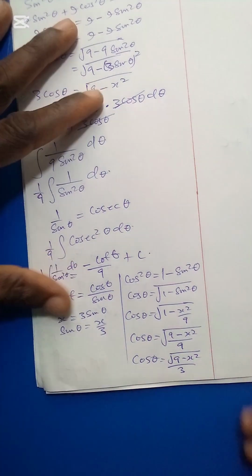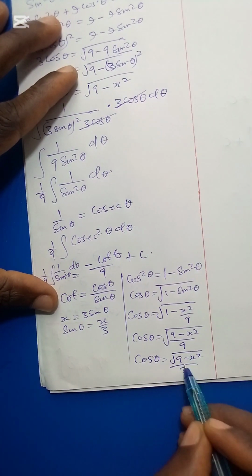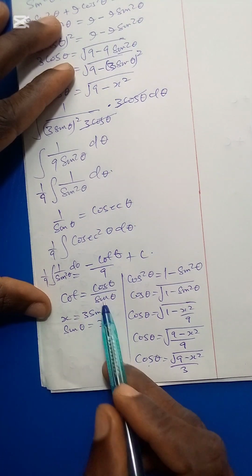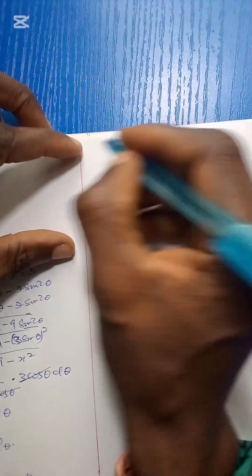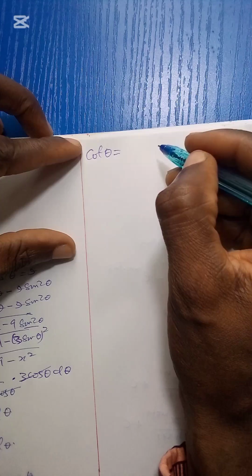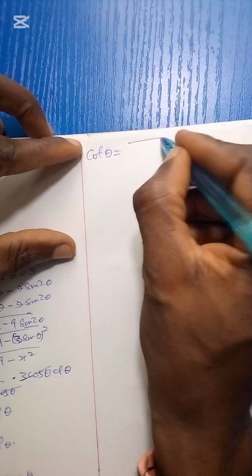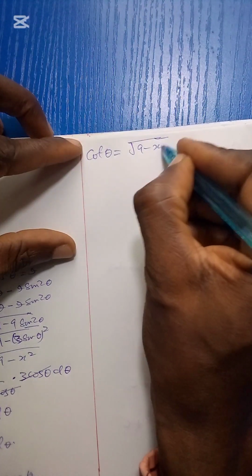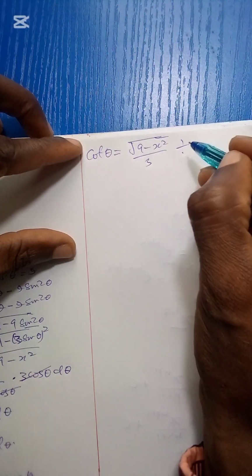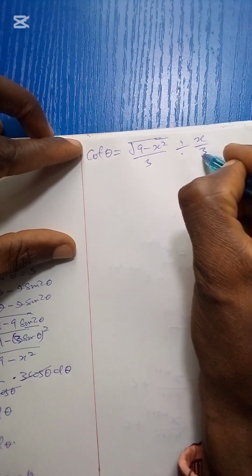Beautiful. Now I will replace this for cos theta in this, and this for sine theta in this, and I will do it up here. So cot theta is equal to, instead of writing cos theta, I'm going to write square root of 9 minus x squared over 3, then divided by sine theta, which is x over 3.